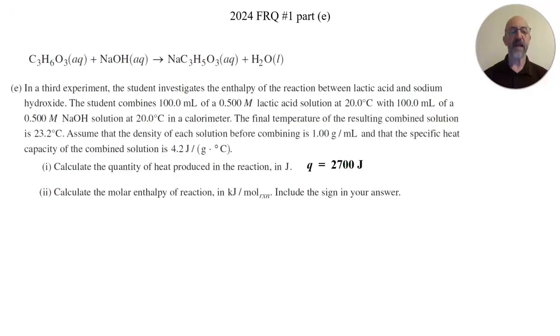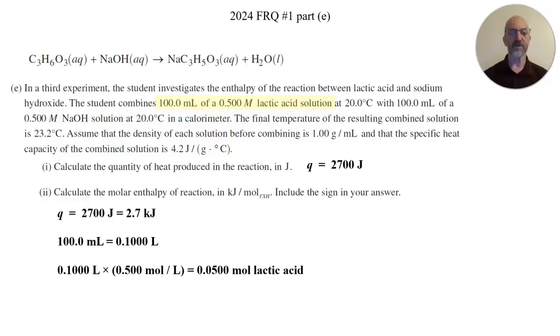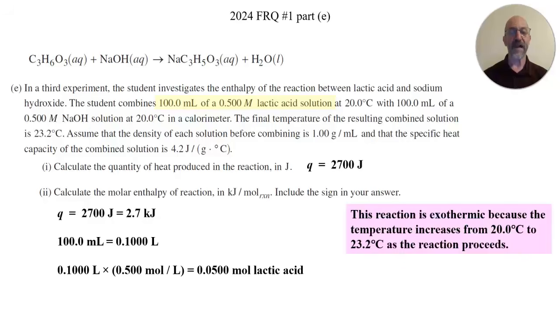And with respect to the enthalpy of the solution, that would be 2.7 kilojoules divided by the number of moles. So the number of moles involves volume times molarity for one of the reactants. And so the reaction is exothermic because the temperature increases from 20 degrees Celsius to 23.2 degrees Celsius.